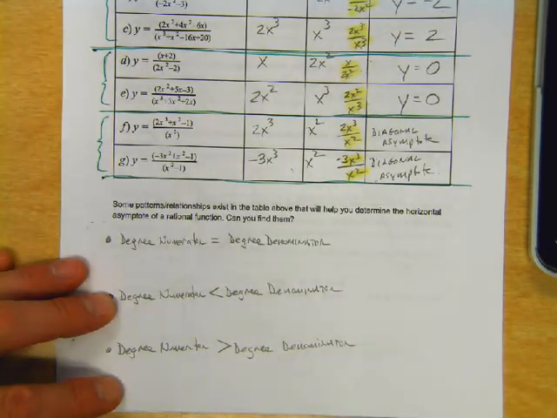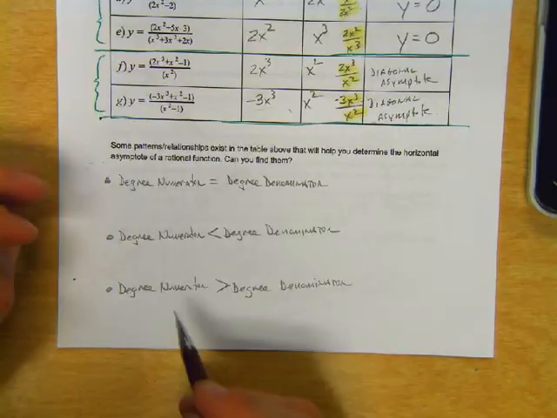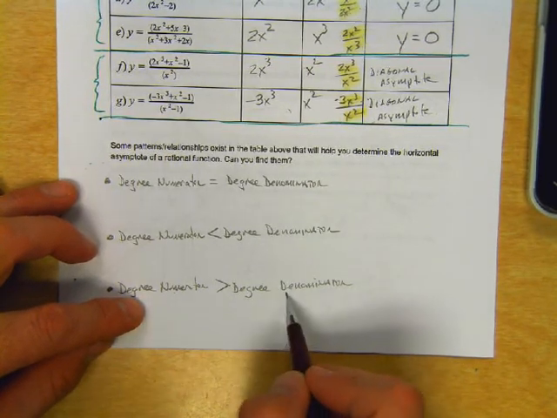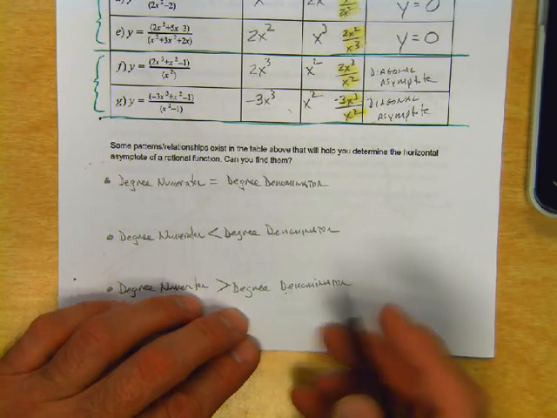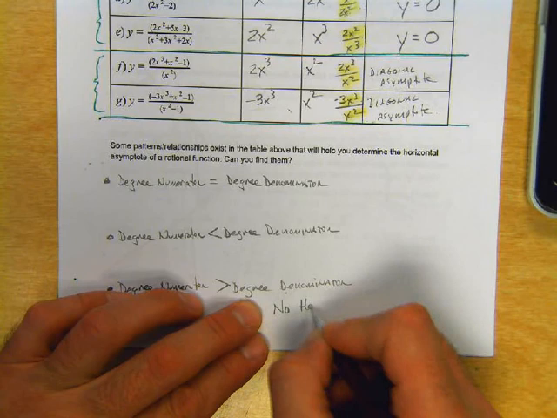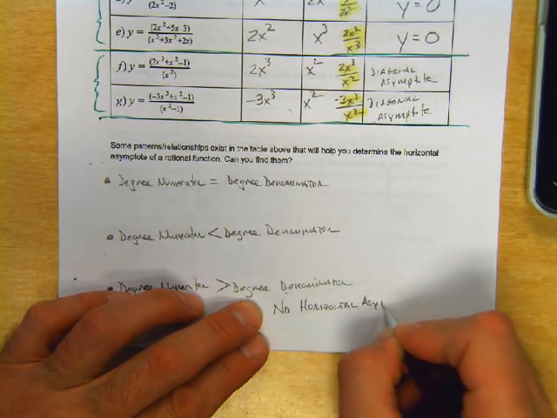All right, let's start at the bottom and work our way up with some conclusions. If the degree in the numerator is greater than the degree in the denominator, do we get a horizontal asymptote? No. In this case, there is no horizontal asymptote.